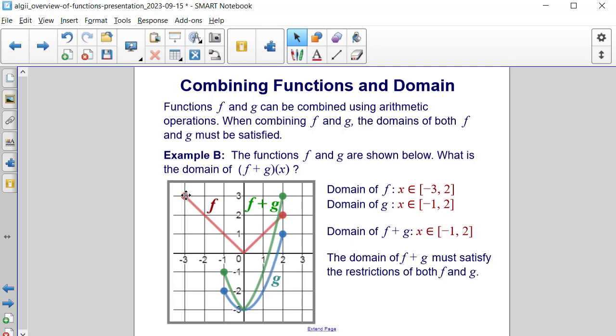It was because we had a value from f, but a value that didn't exist for g when you had -3 and -2 as your x values. So therefore, the domain of f plus g must satisfy the restrictions of both our f function and g function.